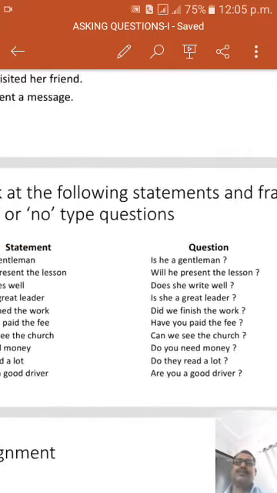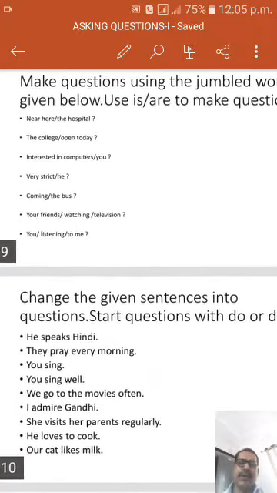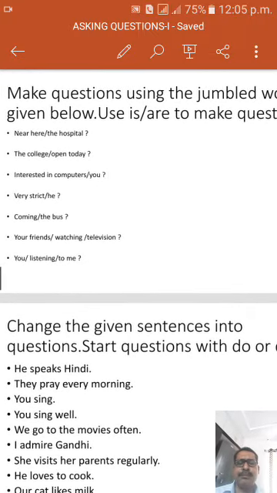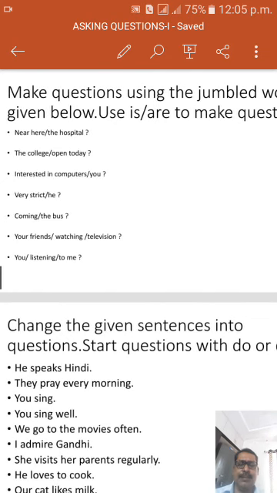So this is the yes or no type questions, part 1. Generally, yes or no type questions begin with am, is, are, was, were, do, does, did, can, has, have, will, shall, etc. These are the helping verbs we generally use to frame yes or no type questions.